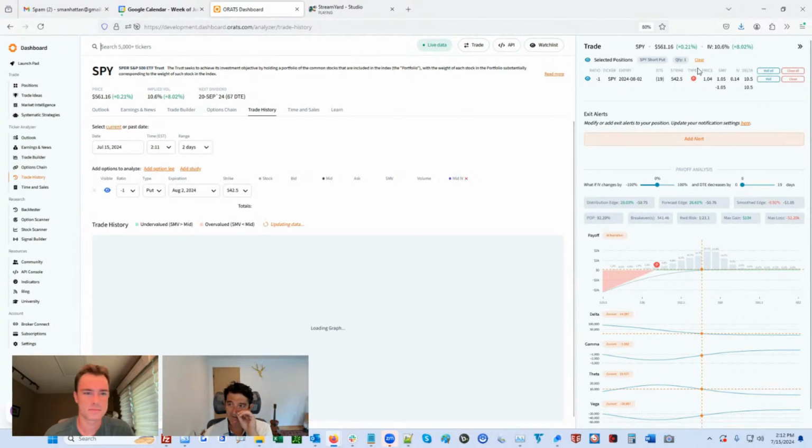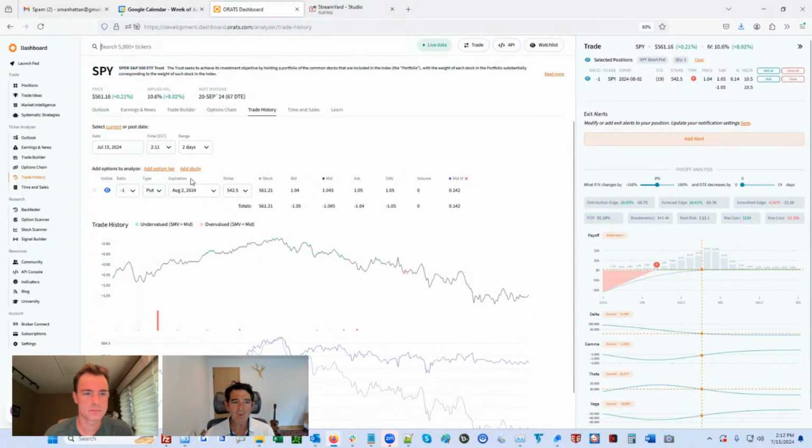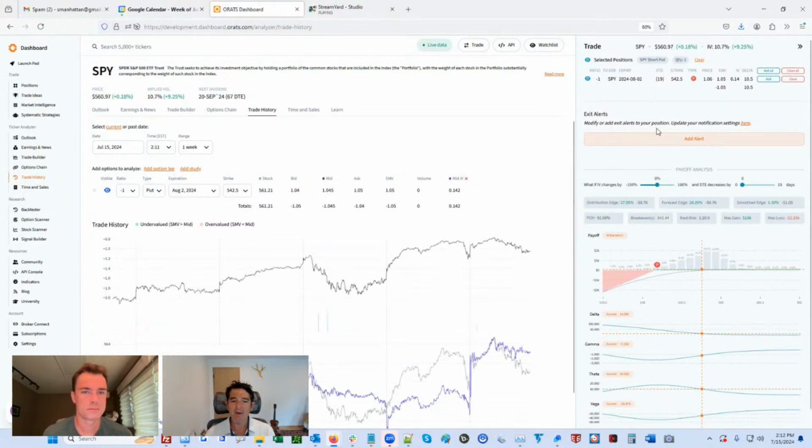So anyway, speaking of looking at the trade history, here's the trade history. This is through the last week, and right now the put is $1, but it was down to 70 cents, and it was up to $1.88.